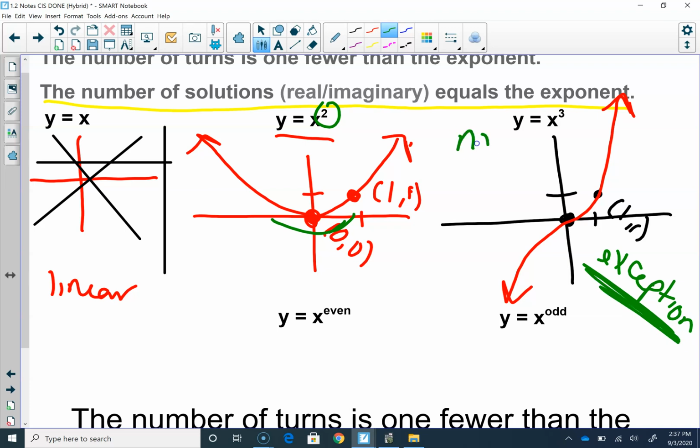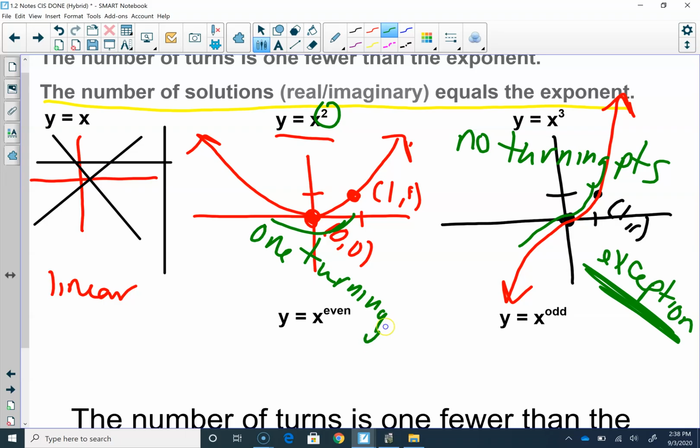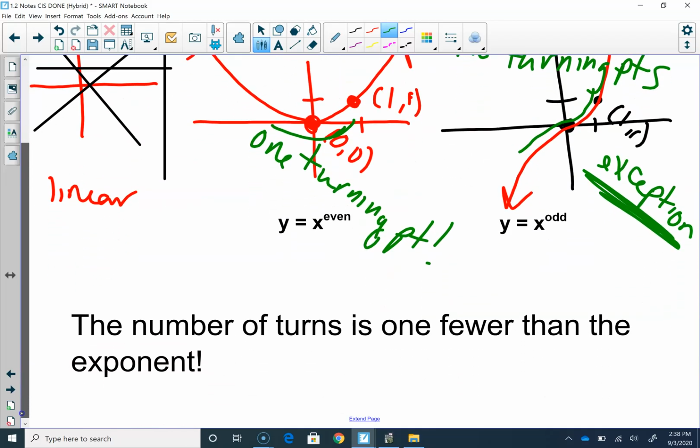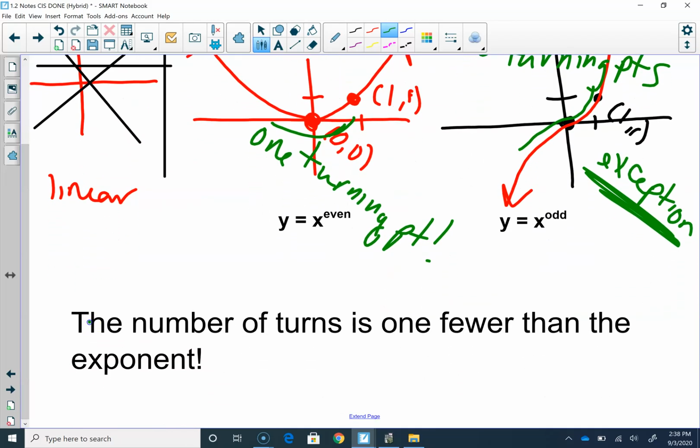This has no turning points, which means this is going up. It's just going up at a slower pace, and then it's going up at a faster pace. So there are no turning points on here. This one here had one turning point. So that's the exception. I wanted to make sure we got that out there right away.